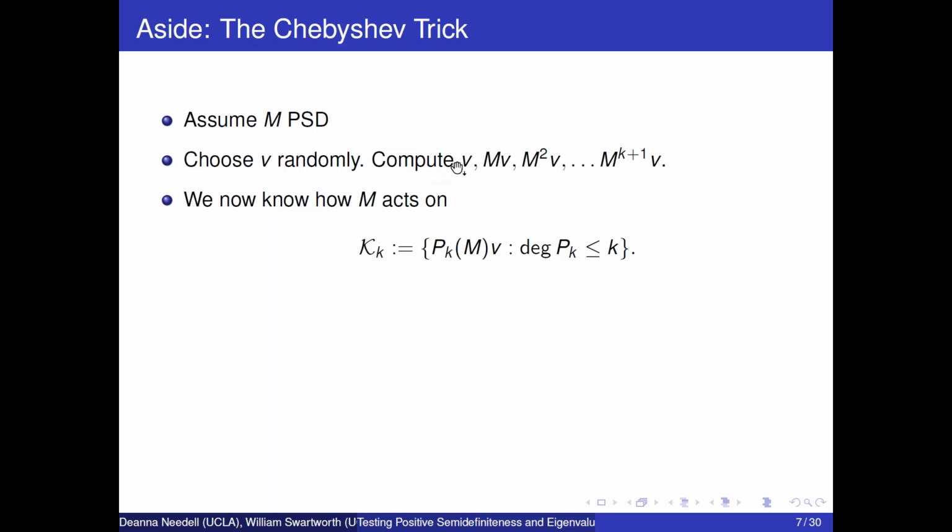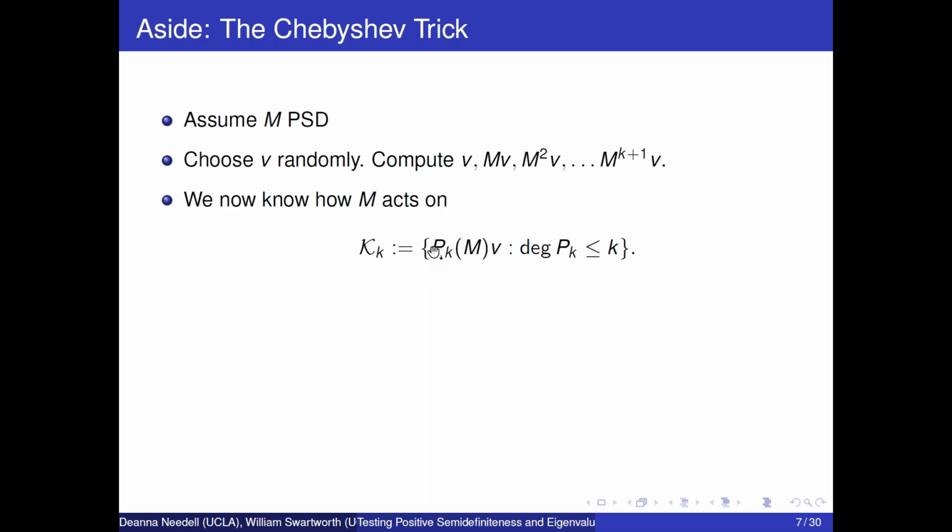And what we know when we get the answer to all these queries is we know how M acts on the entire Krylov space. Okay, so the Krylov space is just all polynomials of degree at most K applied to the eigenvalues of your matrix M. So you take your matrix M, you keep the same eigenvectors, but each eigenvalue you replace with a polynomial of that eigenvalue of degree at most K, the same polynomial on all the eigenvalues.